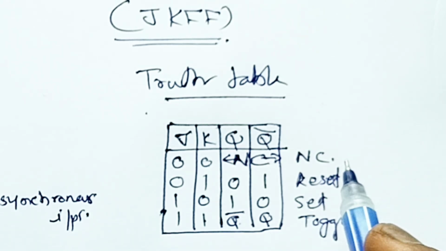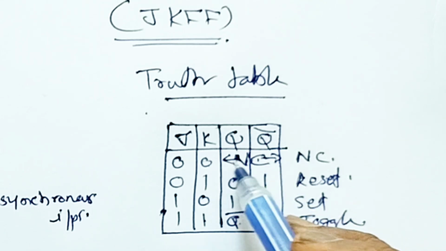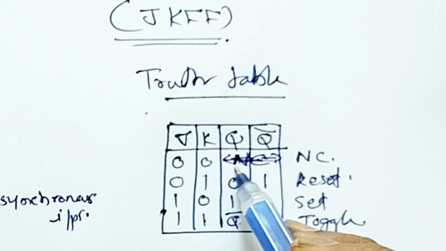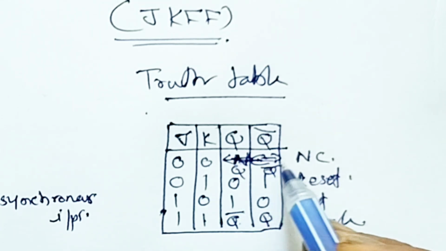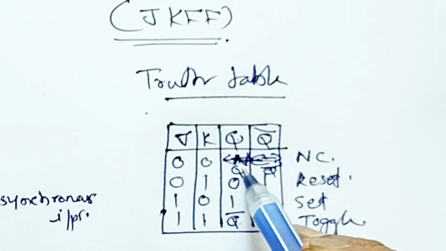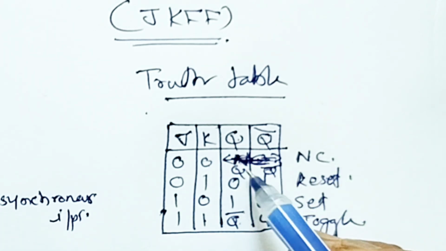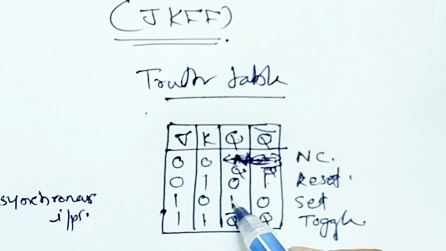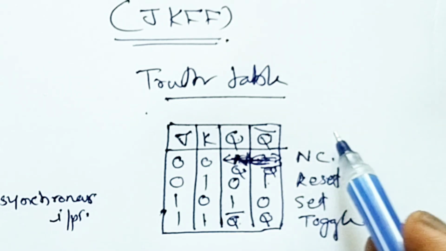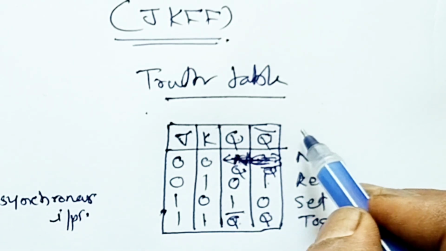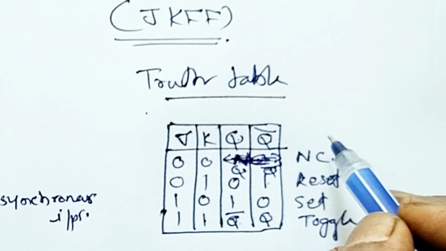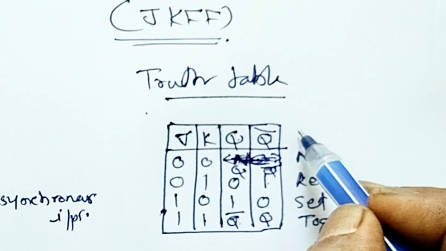That is, it is usually indicated as Q bar and Q, and it is Q and Q bar for no change, that is for J equal to 0 and K equal to 0. So that's all about a brief explanation of JK flip-flop and how it produces its outputs.